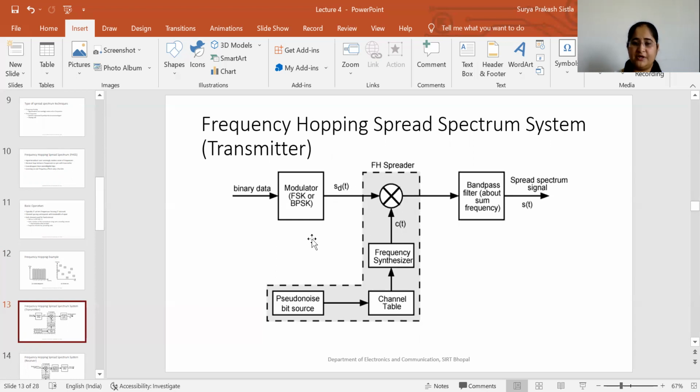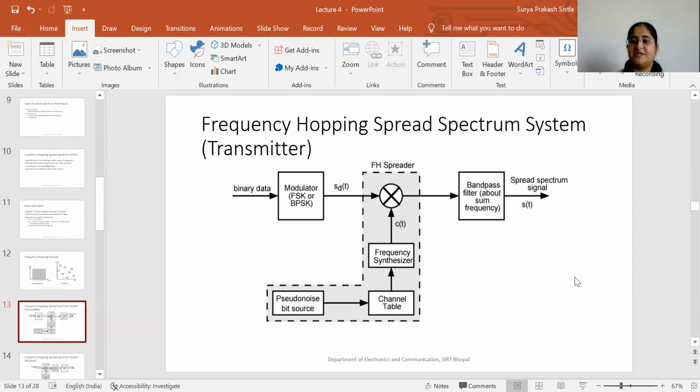For that, we apply the output of your PN sequence generator to the frequency synthesizer, due to which the frequency synthesizer will produce a random set of frequencies. Now, this random set of frequencies will help to modulate your input signal, and this output signal is spread spectrum in terms of frequency hopping, and it is passed through the band pass filter. After that, this spread spectrum signal is transmitted.